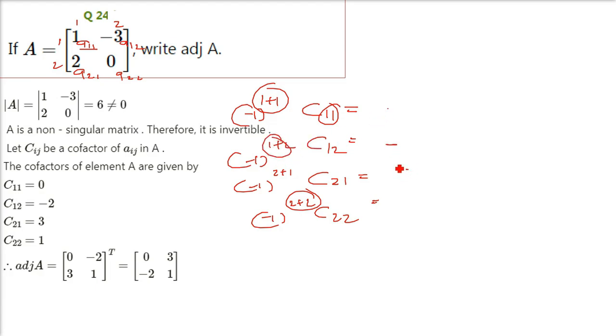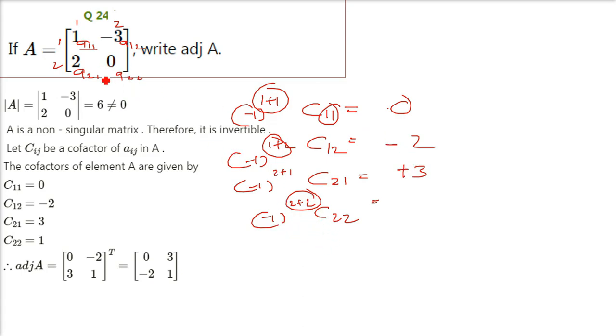Now C11, so take this A11, what will be there? 0. Now C12, so this will be 2. Just don't take that row and column, take the other value. C21 is 3, it was negative 3 basically, but since the negative sign was already there, it became positive 3.